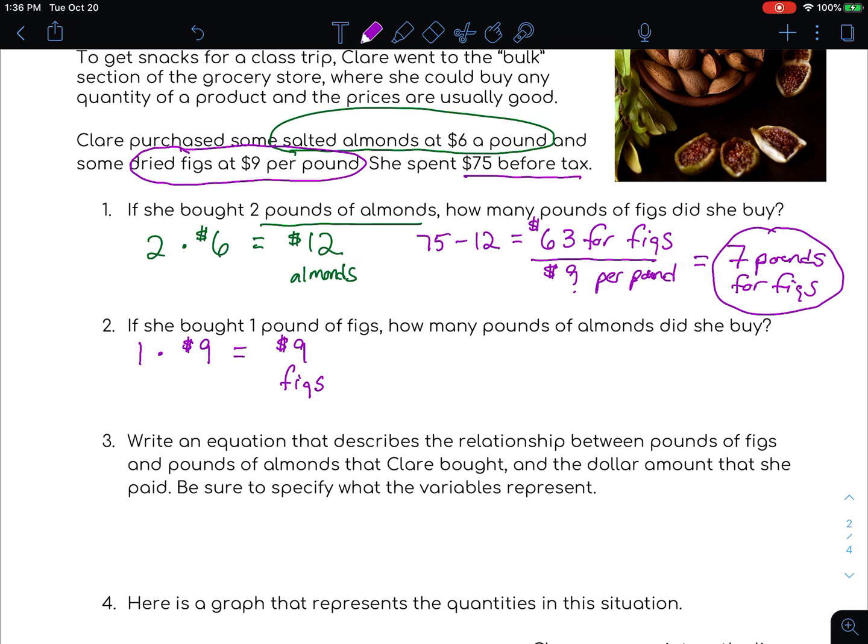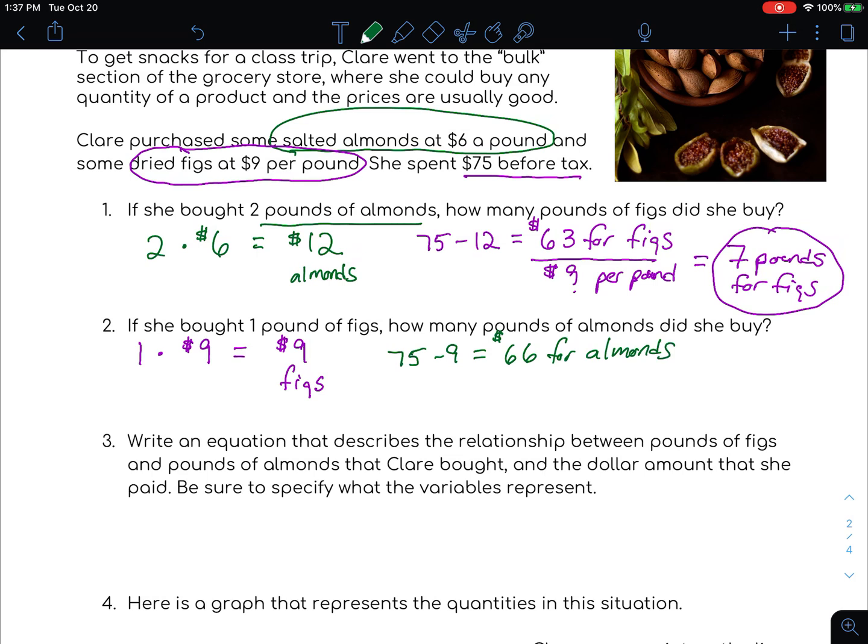All right, and then again we had $75 that was spent total for Claire, so 75 minus the 9 leaves us with $66 for almonds.